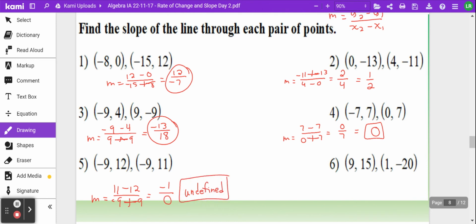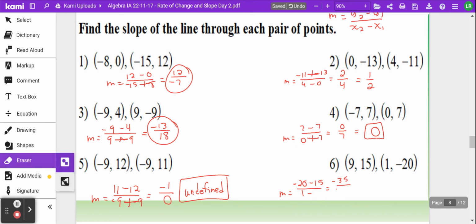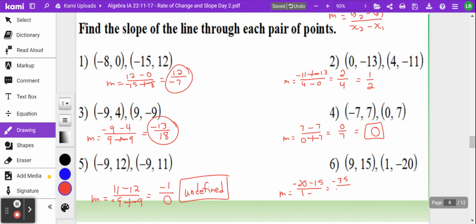Okay? And our last one, -20 minus 15 over 1 minus 8. It's going to be -35 over, it's not an 8, that is a 9. 1 minus 9, okay, so it'd be -35 over -8.